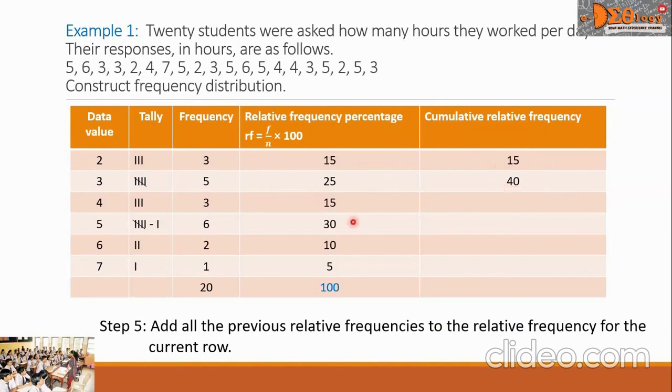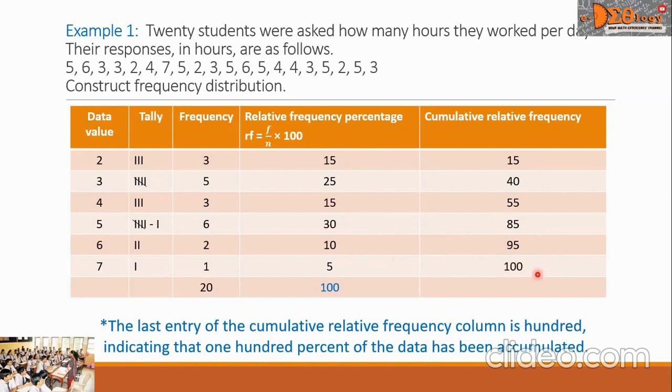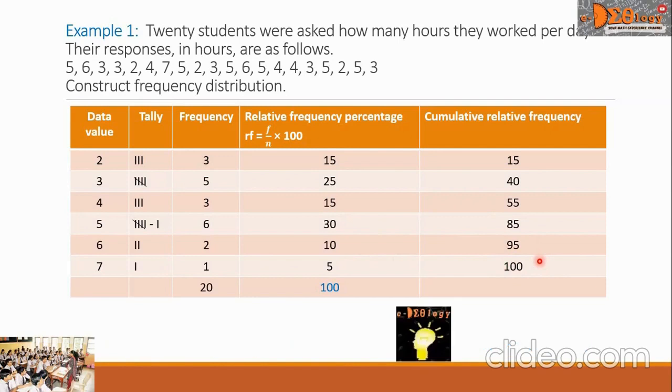Then 40 plus 15 will be 55. 55 plus 30 is 85. 85 plus 10 is 95. And 95 plus 5 is 100. The last entry of the cumulative relative frequency column is 100, indicating that 100% of the data has been accumulated. So we are done with our example 1. This is now our answer.